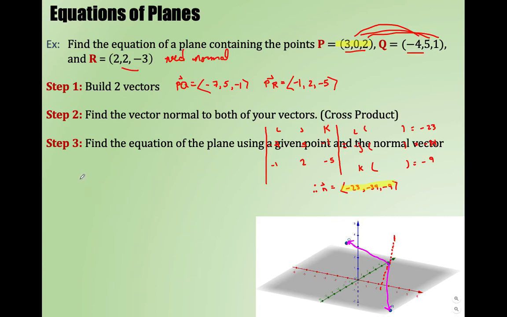So remember, I'm going to take a generic XYZ with the given point, and I'm going to build a vector.